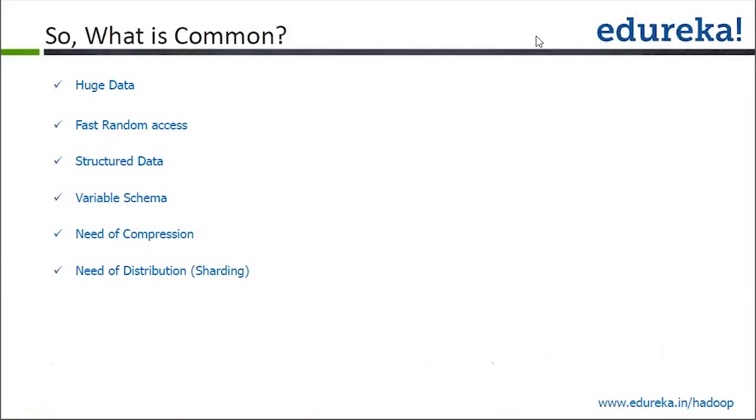But one thing Hive doesn't offer, which is very common across the NoSQL world, is the ability to update or delete the data stored inside the table. In Hive, if you have created a table and want to do a selective delete of a row which is not needed, you cannot do that, because in Hadoop you can only append to a file, you cannot go and modify a particular file.